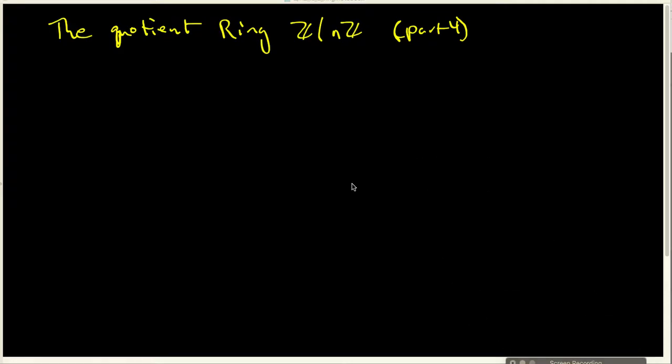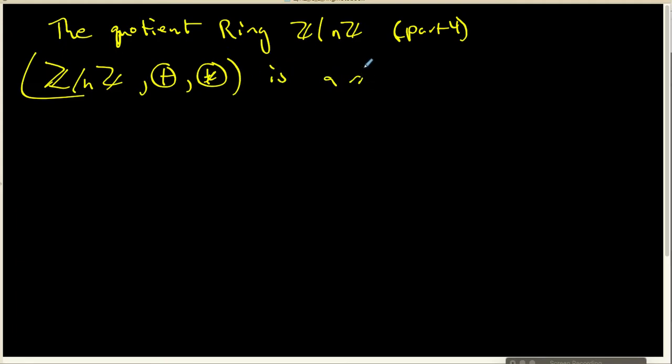In the last video, we showed that the set of left cosets of NZ inside Z under its addition and multiplication is a ring.